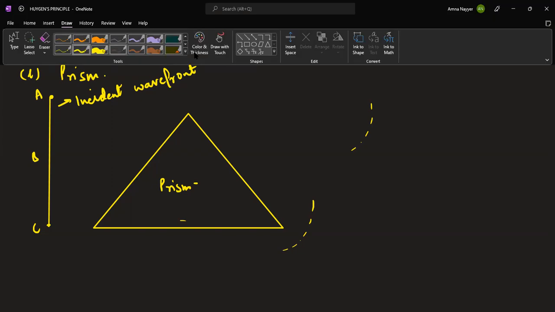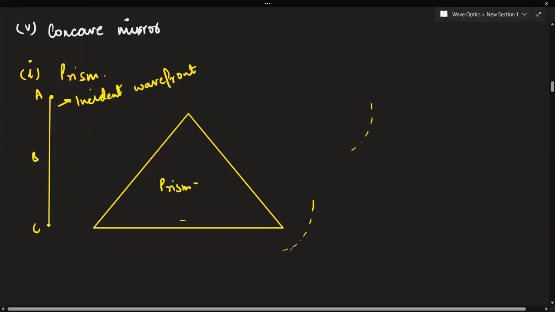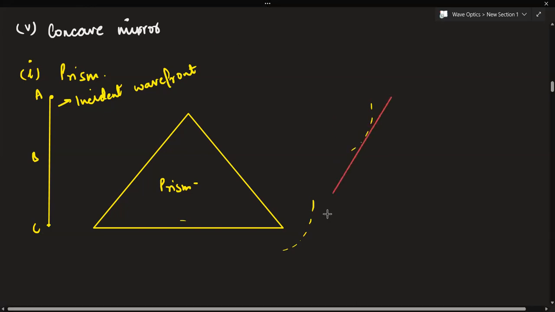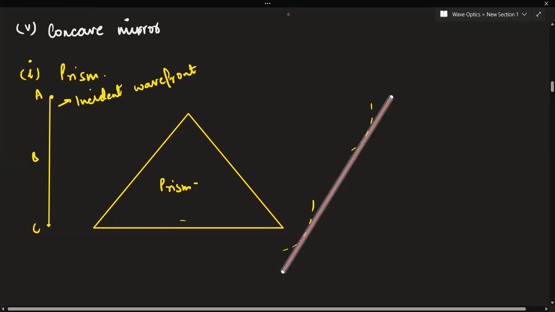Now if I connect them, the way we have seen in the previous case, we connect the tangents of it. So if I connect the tangents, I'll be getting a ray of light like this.